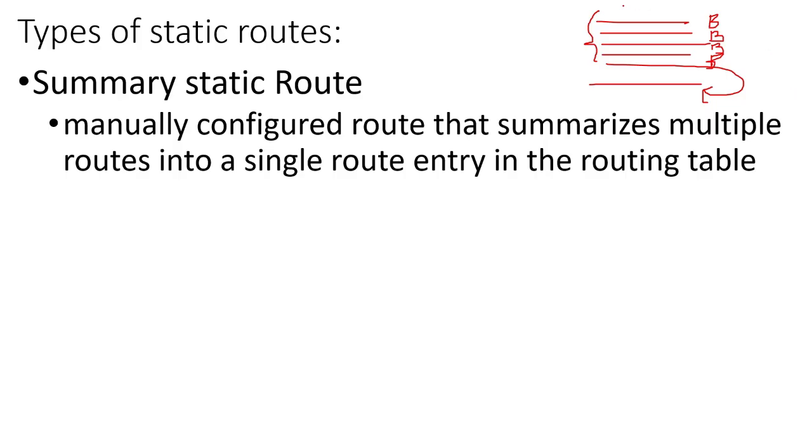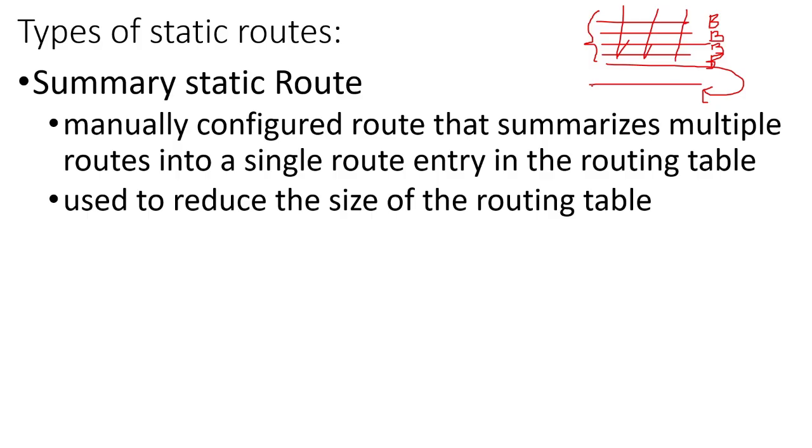It summarizes all these entries into one single entry. This will reduce the size of the routing table. Instead, in this example, of 1, 2, 3, 4, 5 routes, we can compress it into one route only.